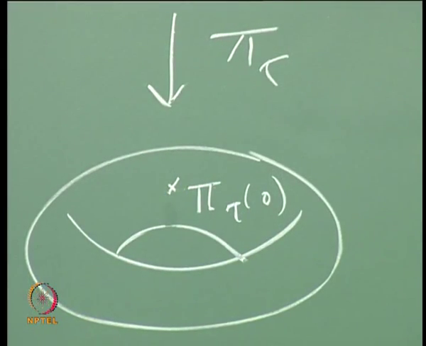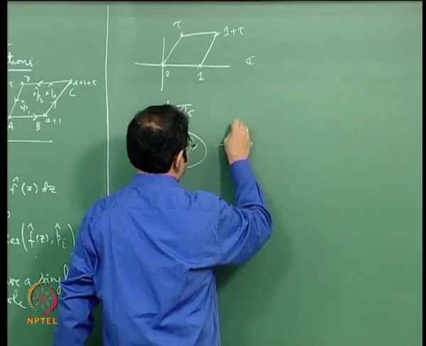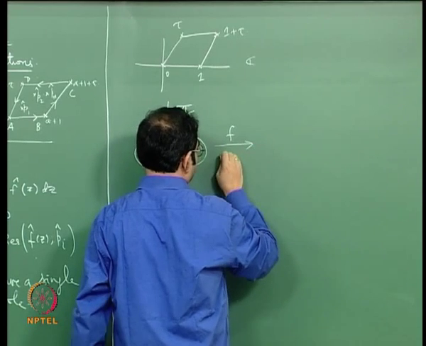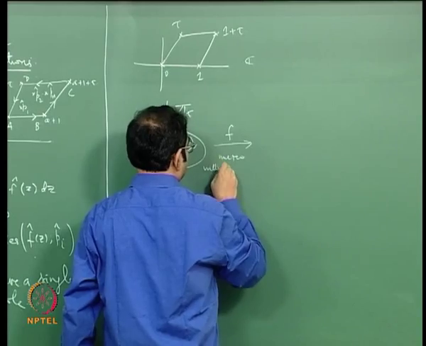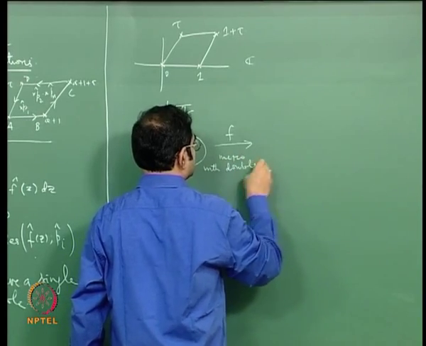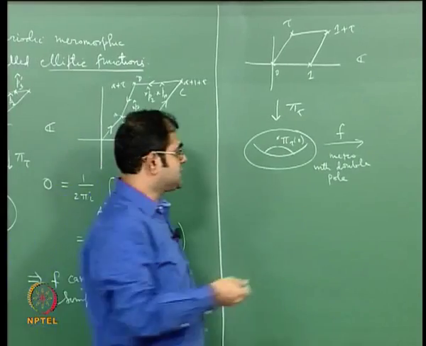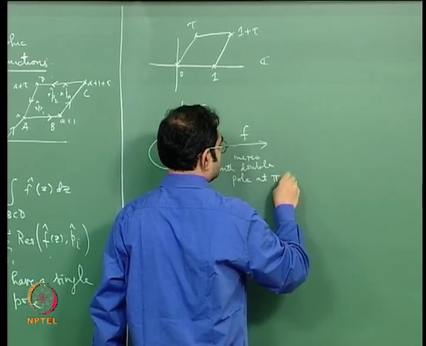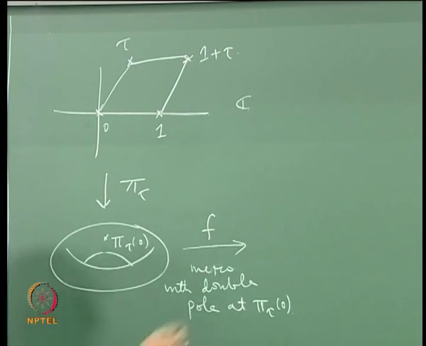I am trying to study a function defined on the torus which is meromorphic with a double pole, which means a pole of order 2, at that point pi tau of 0. This is what I am going to study.